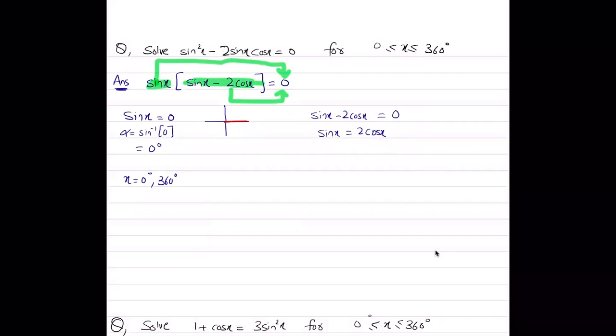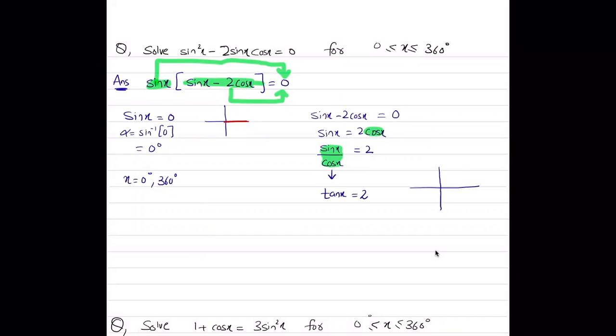Yes, tan x. So you're going to divide both sides by cos x. So sin x upon cos x is going to be equal to 2. And in yesterday's class, I told you that sin x over cos x is identical to tan x. So if tan x equals 2, then you are going to do the same drill.